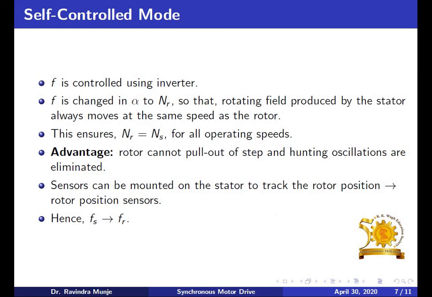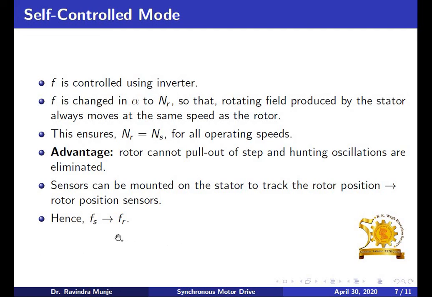These are called rotor position sensors. The frequency of the signal generated by these sensors is proportional to the rotor speed, and hence the stator frequency can be made to track the frequency of these signals.